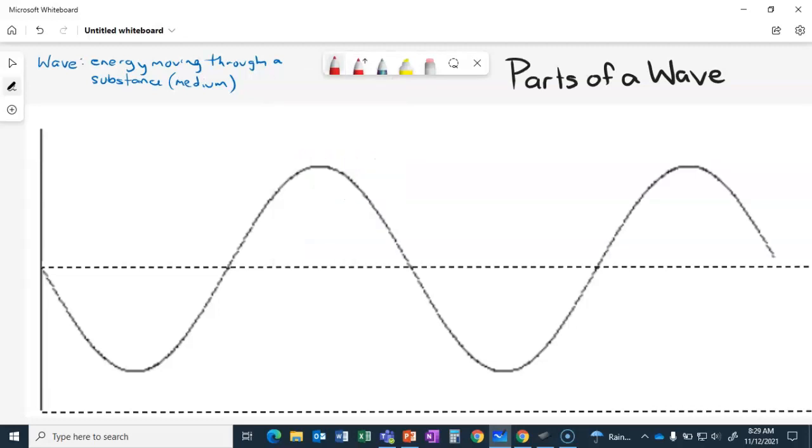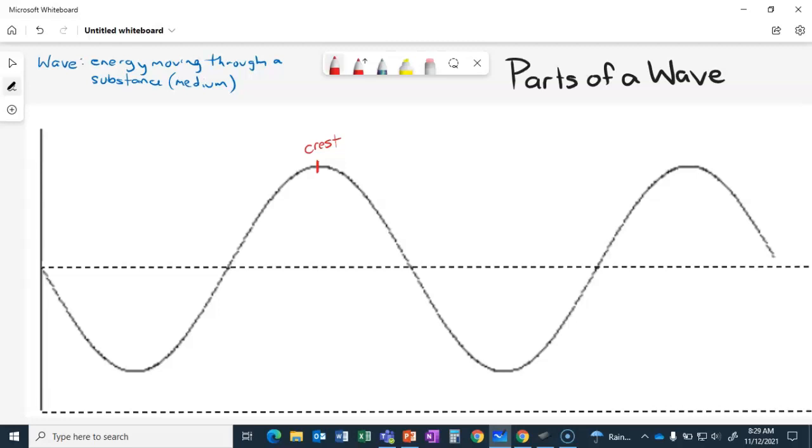We're going to start by looking at the highest point in a wave. And what is that called? Well, the highest point in a wave is called a crest. So you're going to label this on your sheet as well. This is any kind of wave, but again, we're talking mostly about ocean waves, but this is true of light waves and sound waves, microwaves and radio waves, and all of those types of things.